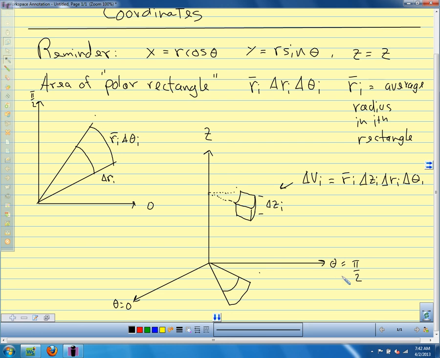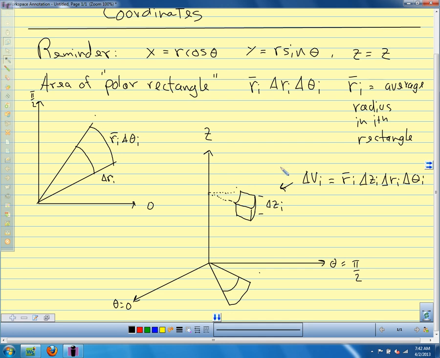So we're just taking that little polar rectangle, stretching it up into a cylindrical box, and approximating the volume of that little box. So we're going to sum over all the blocks in our region in space to do our triple integral, and take the limit as delta V sub i gets smaller and smaller.